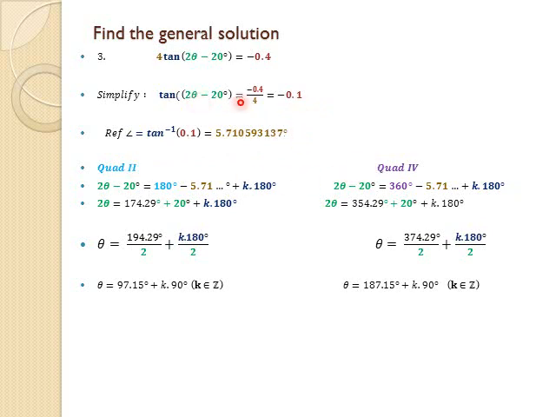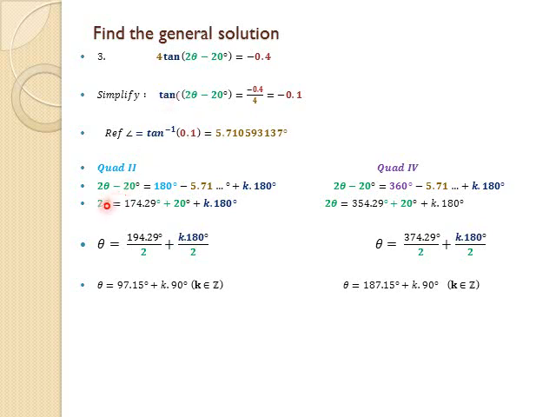So in quad 2, I'm going to write 2 theta minus 20 equal 180 minus 5.71 plus k times 180. And in quad 4, 2 theta minus 20 equal 360 minus 5.71 plus k 180. 180 degrees because I'm dealing with tan that has a period of 180.